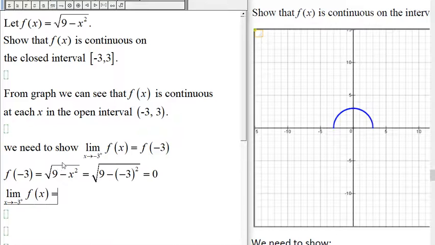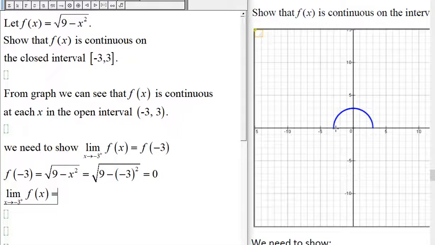If we look at this function right here, we're approaching negative 3 from the right. And so these numbers right here, this is negative 1, negative 2, and then we get to like negative 2.9, negative 2.999. So we're getting closer and closer to negative 3 from the right. But in absolute value, these numbers are less than 3.